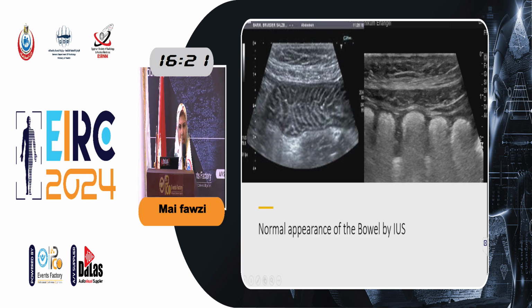This is a small bowel segment that is known by its central location, by the presence of valvulae conniventes in the lumen, and by its very thin wall and increased activity. While the colon is identified by the presence of haustrations, which are the muscular layers on the outer surface, as well as the presence of intraluminal gas.